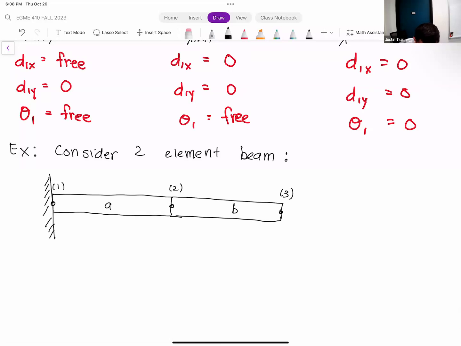All right, so node 1 we're going to say is fixed to a wall. Node 3 we're going to say is pin.